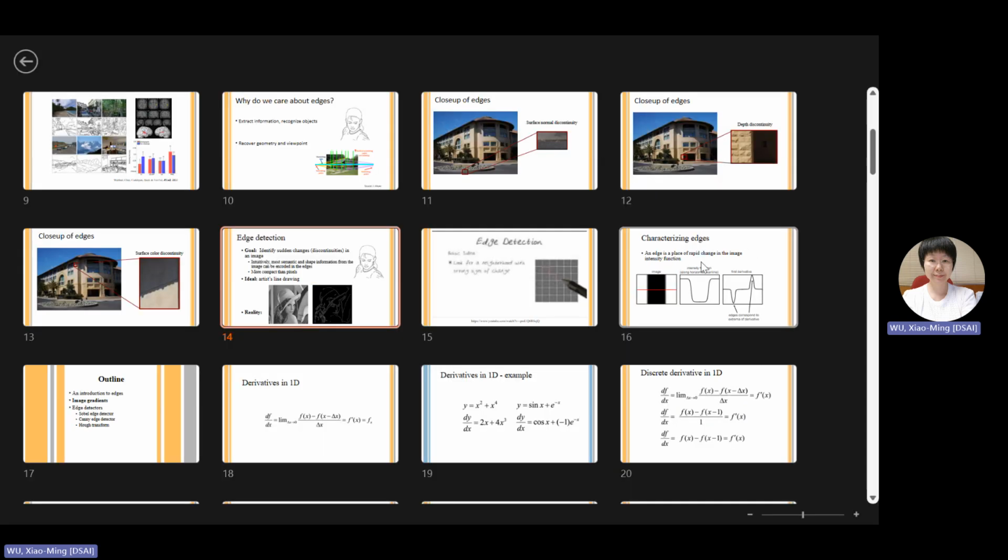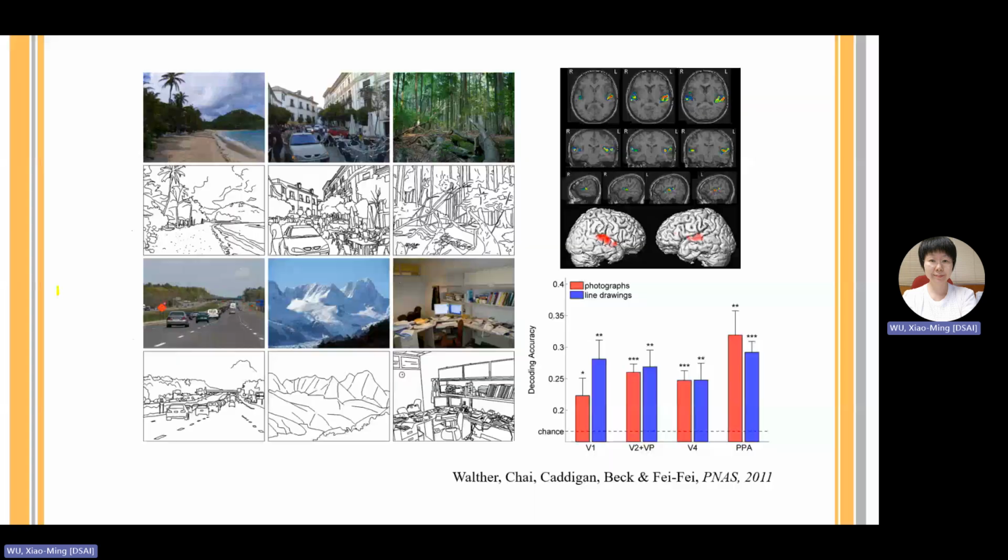Okay, now before we introduce the edge detection algorithm, let's look at another experiment. This is another study in neuroscience, and you can see this study is published in PNAS, a famous journal. So in this study, the participants are presented with two groups of images.